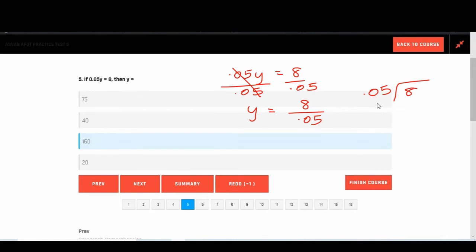The key to doing division with decimals is this. If the decimal is inside the division bracket, you can go ahead and do the division. If, however, the decimal is outside the division bracket, which it is in this case, you have to shift this decimal accordingly to make this number a whole number.